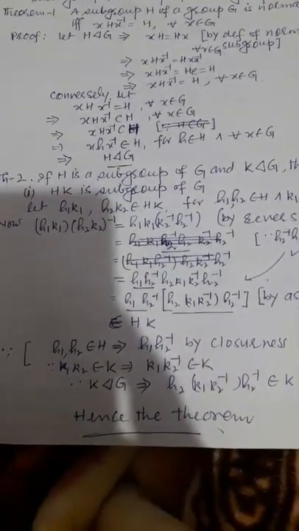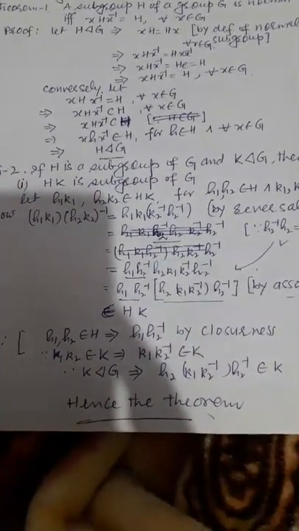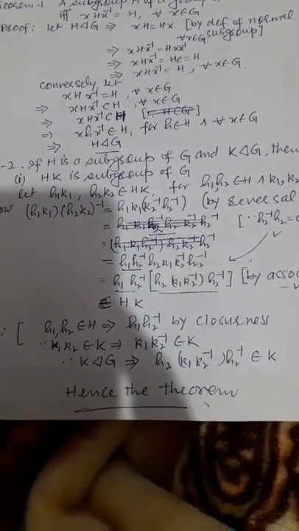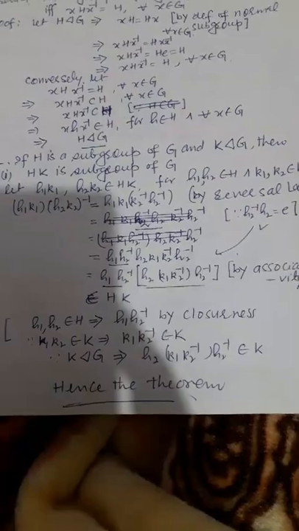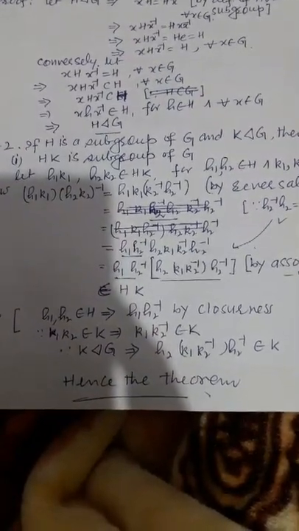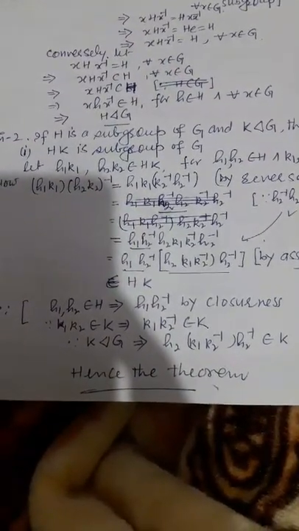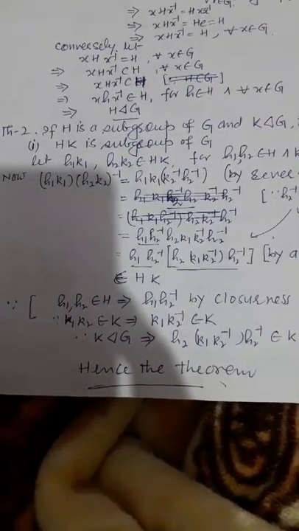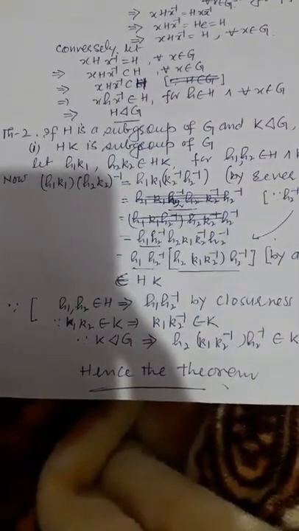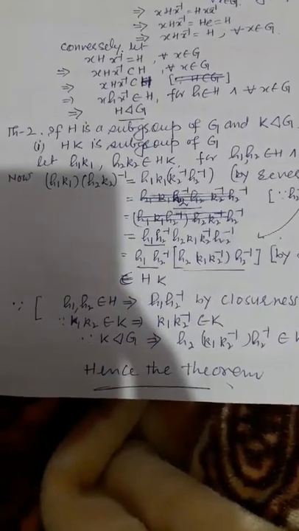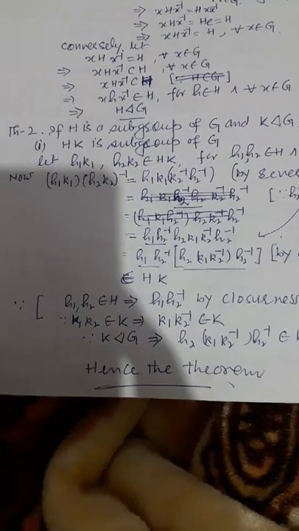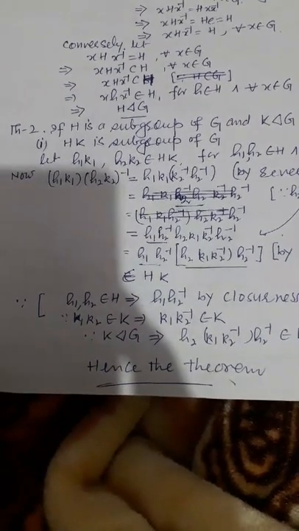Now, the second theorem is very important. If H is a subgroup of G and K is normal in G, then HK is a subgroup of G. HK is the product of elements of H and K respectively.